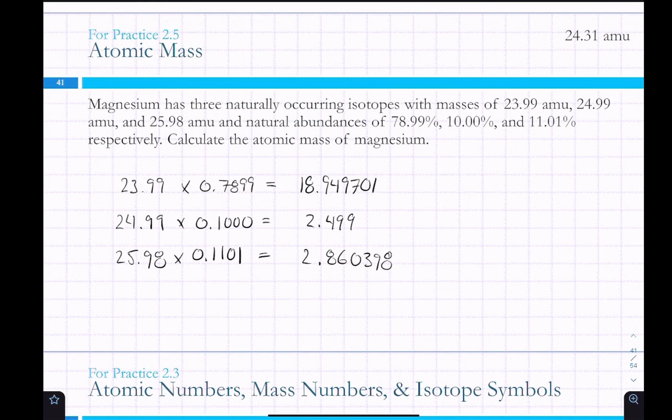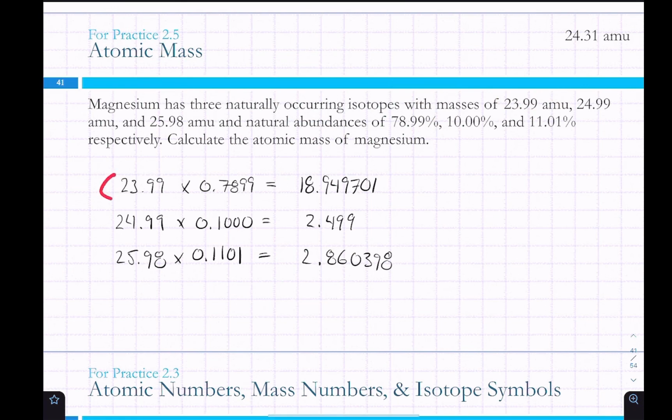All right, so I like to set these problems up this way. You can type all this into your calculator in one shot, but I think it helps to visualize it when you're learning it. This also illustrates how the percentages affect how much each mass contributes to the final average mass.